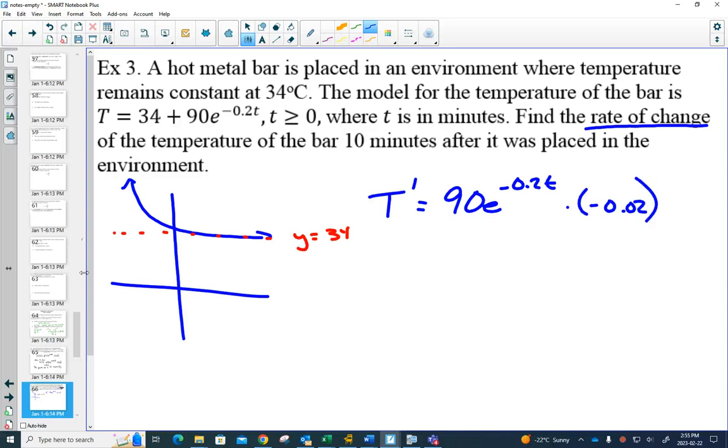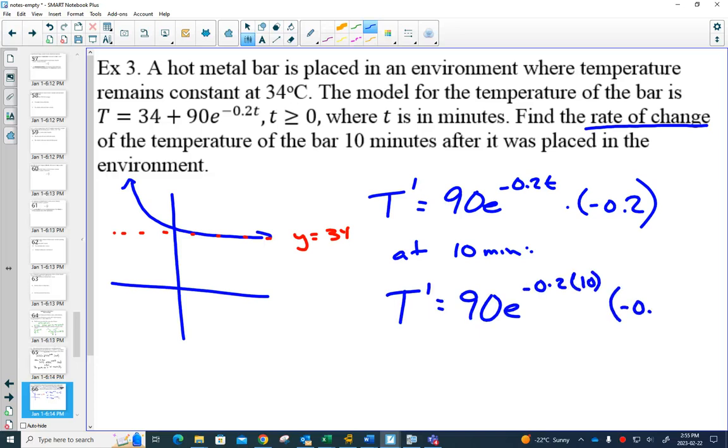There's our derivative. At 10 minutes, we plug that in, go to our calculator.